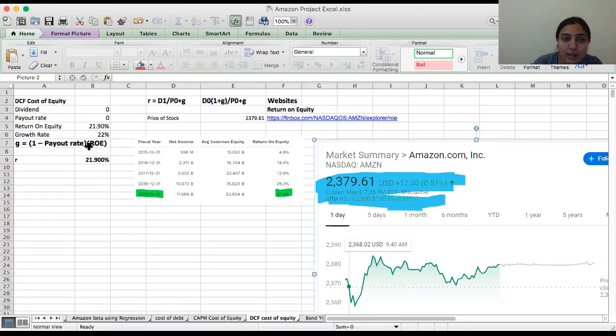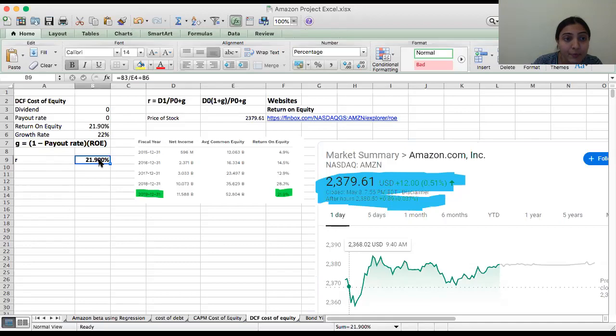This is the formula which I've applied, and I got my growth rate, which is similar to my return on equity because my payout rate is zero, because my dividend is zero. In order to find the return on equity, I used the website finbox.com. Here it shows the return on equity, 31st December 2019.